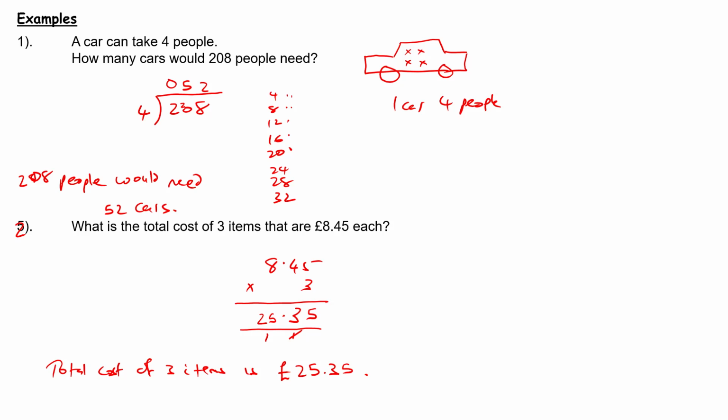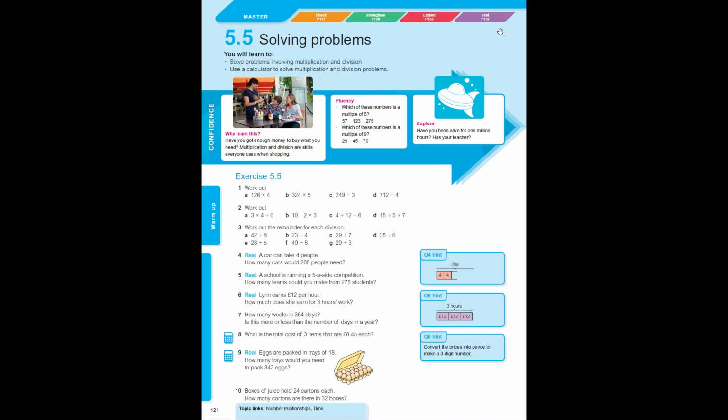Okay, so what I want you to do is to hit pause, copy these 2 examples down, and when you're ready, we're going to have a look at the exercise I want you to work on for me. So we're doing exercise 5.5 on page 121, but I want you to start from question number 5, because we've just done number 4.